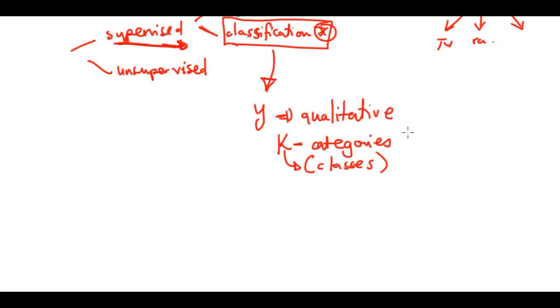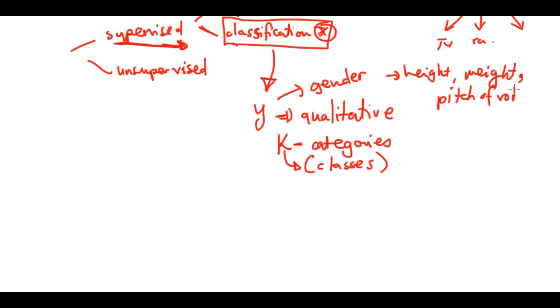For example, if we want to predict the gender of a person based on their height, weight, pitch of voice, etc., what we are predicting, the gender, the y here, is a qualitative variable. I think you agree.